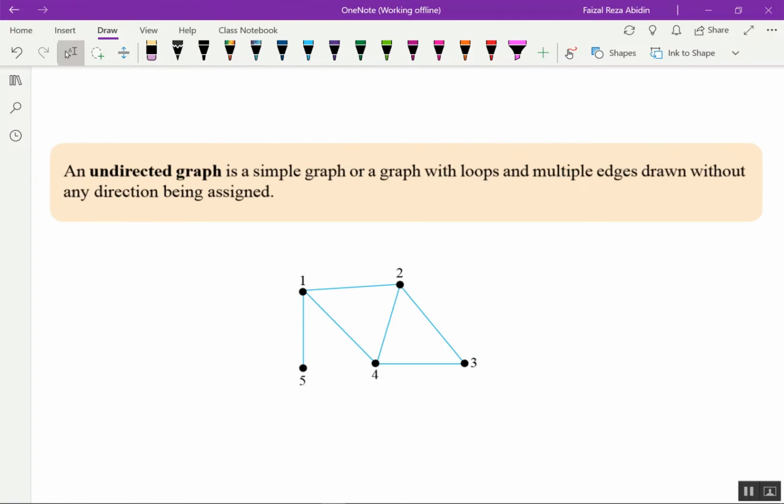Now this is the meaning of an undirected graph. An undirected graph is a simple graph, or a graph with loops and multiple edges, drawn without any direction being assigned.